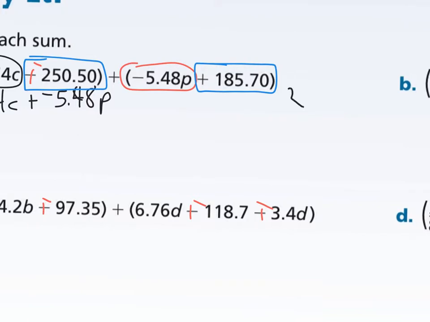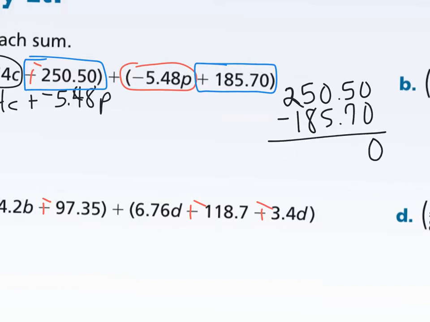So if we take the bigger minus the smaller, have to do some borrowing here. And we get 64 and 80 hundredths, or 64 and 8 tenths.